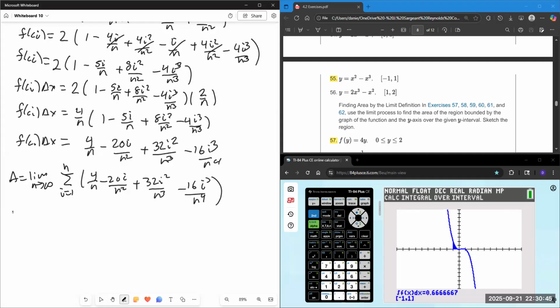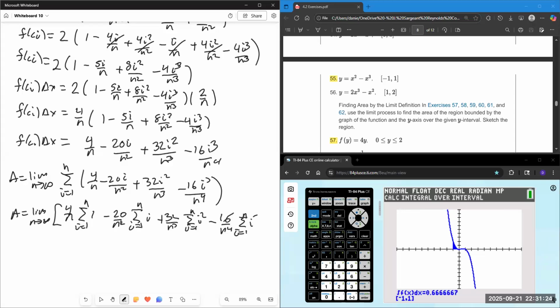This is A is limit as n goes to infinity of 4 over n summation i equals 1 to n of 1 minus 20 over n squared summation i equals 1 to n of i plus 32 over n cubed summation i equals 1 to n of i squared minus 16 over n to the fourth summation i equals 1 to n of i cubed.